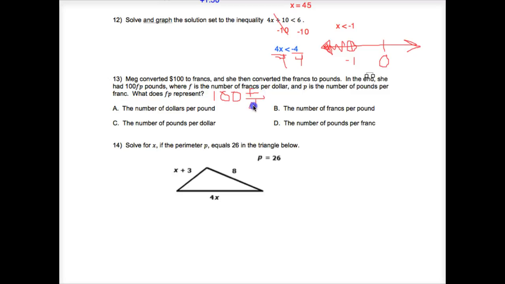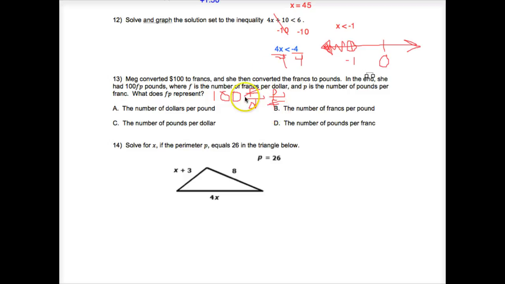You don't have to do it this way. Some of you may just know the answer, and that's great. P, since P represented pounds per franc, I put P over F because the word per means to divide. So when you write it like this, you can see that these F's are going to cancel each other out, because one was in the numerator and one was in the denominator.